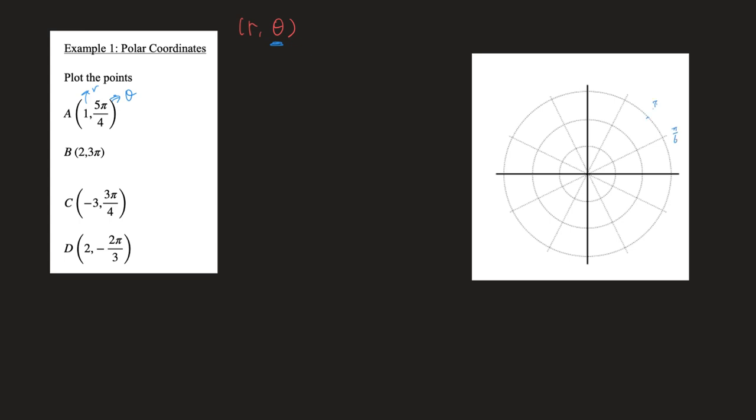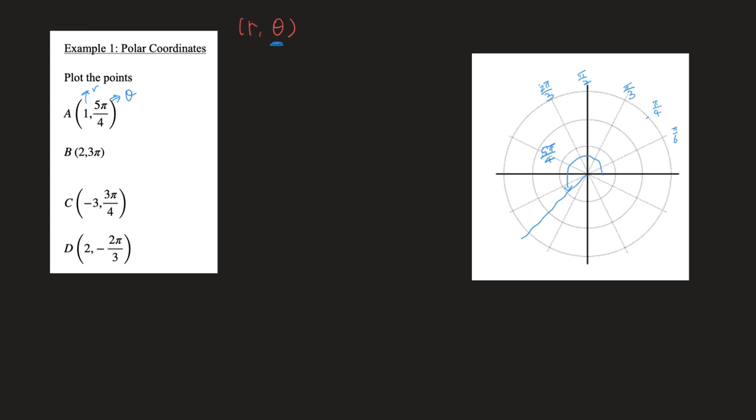Here in the middle is pi over 4. Here is pi over 3. Here is pi over 2. What is here? 2 pi over 3, and so on. So we did this in pre-calculus. 5 pi over 4 is in the third quadrant right here. That's going to be from here to here, 5 pi over 4.